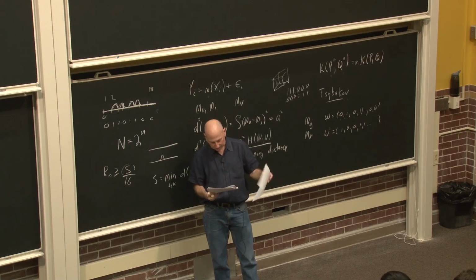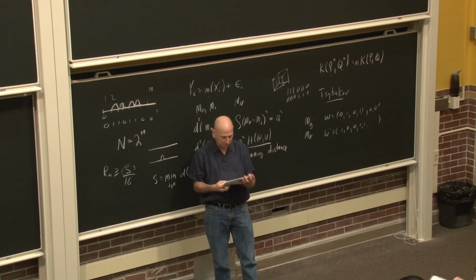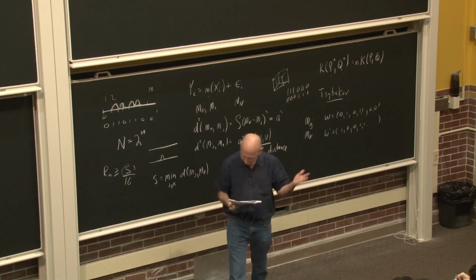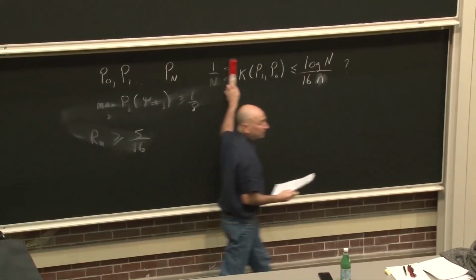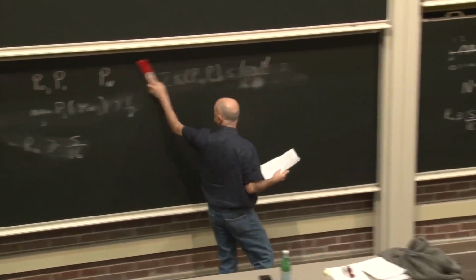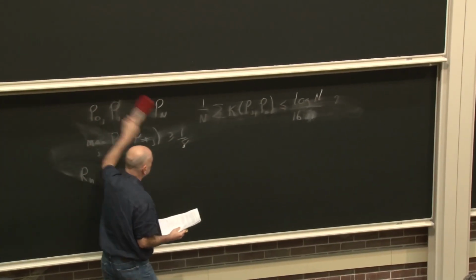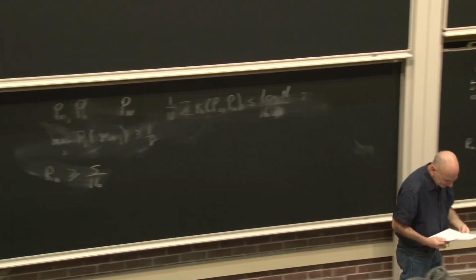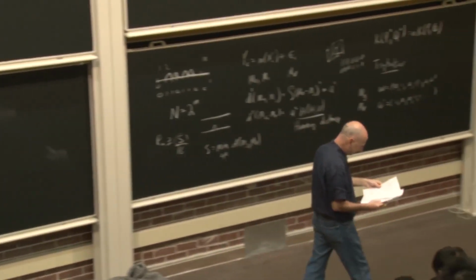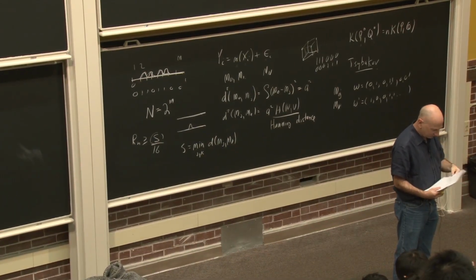It's called, I'm on page 12. This is called the Varshamov-Gilbert theorem. All right? Did I write maximum? Where is that? Page 9. Uh-oh.